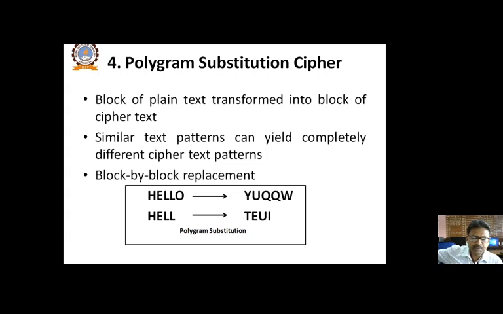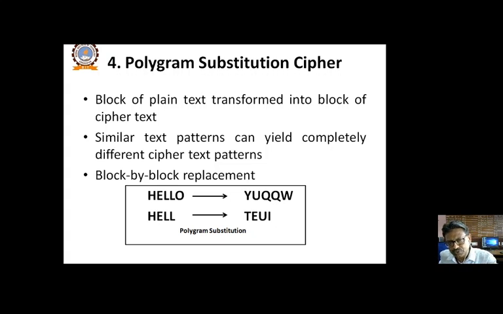Block to block replacement, an example has been shown that if it is hello, it will be replaced by YUQQW. But if it is hell, it is not replaced by YUQQ, because it doesn't mean that H will be replaced by Y, or E will be replaced by U, or L will be replaced by Q. It is not so, because in polygram substitution cipher, for every individual word, for every individual text, we are replacing it by another text.